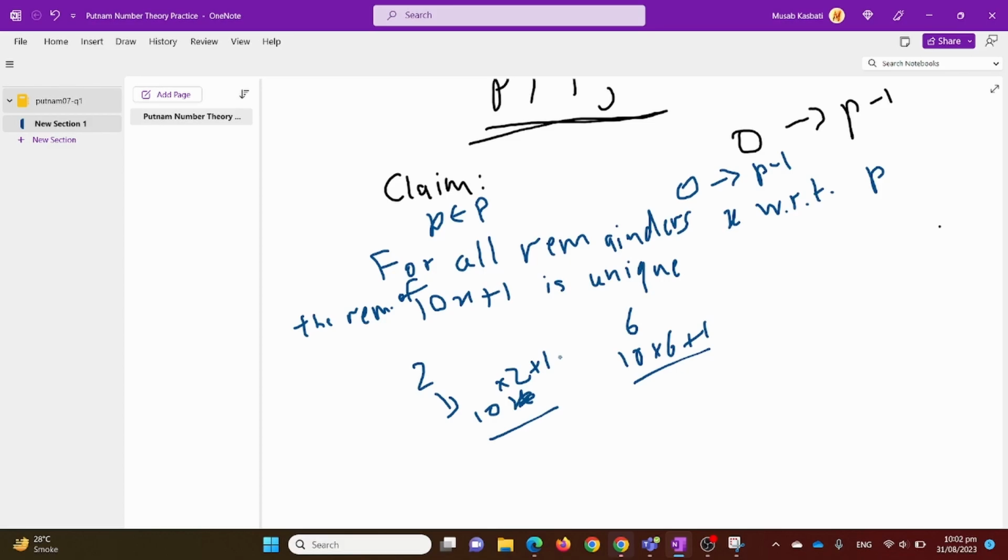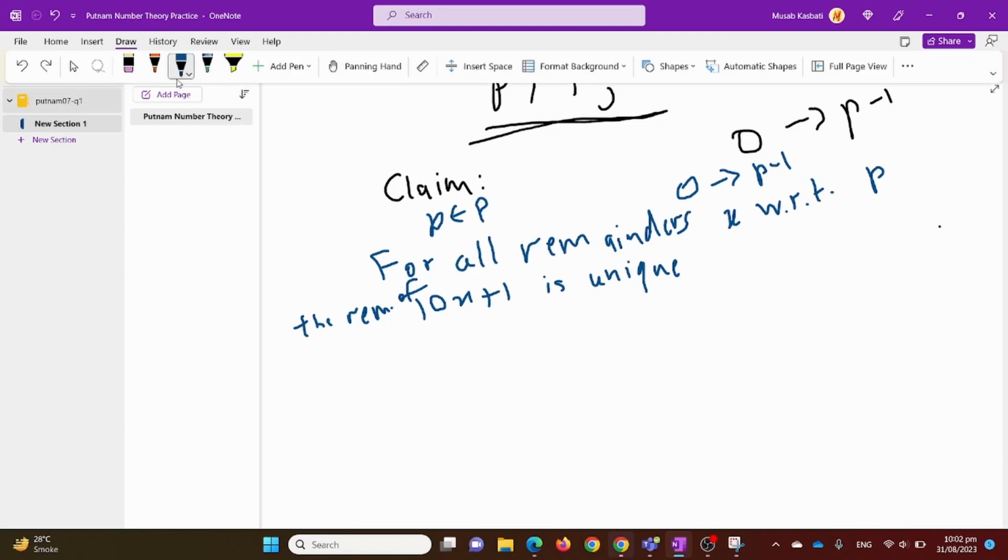In a sense, this is injective, okay, where if my input is different, my output is going to be different.